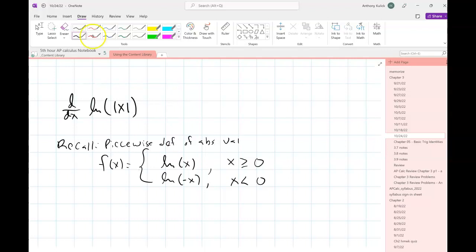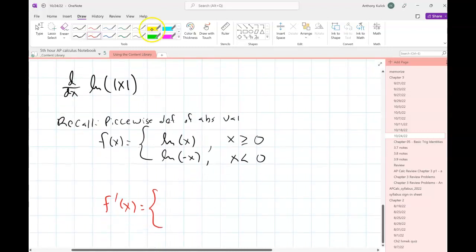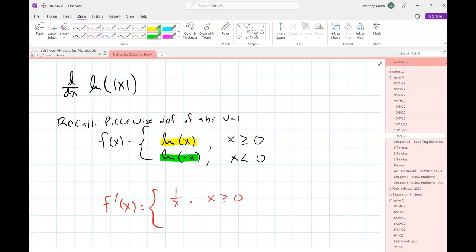So if we go and take the derivative now, what's the derivative of the natural log of x? 1 over x. And then what's the derivative of the natural log of negative x? That's a chain rule problem, right?